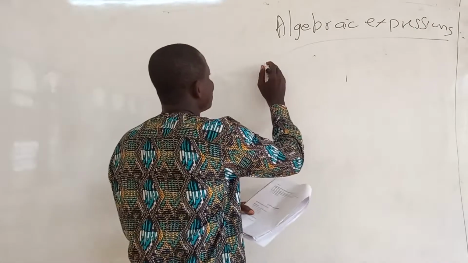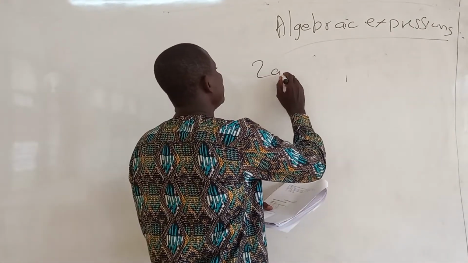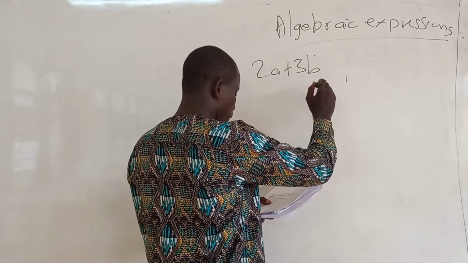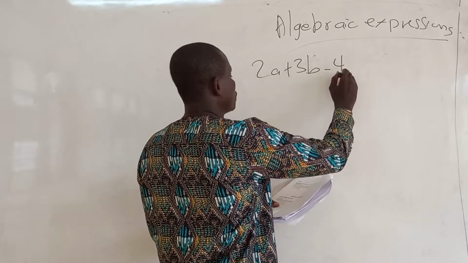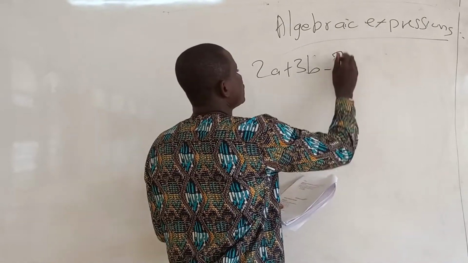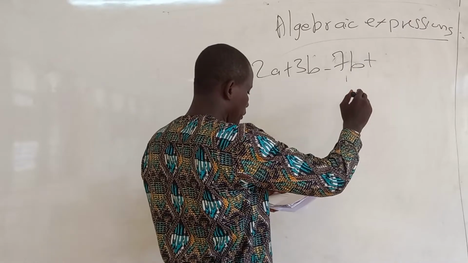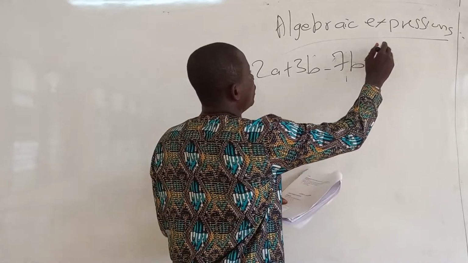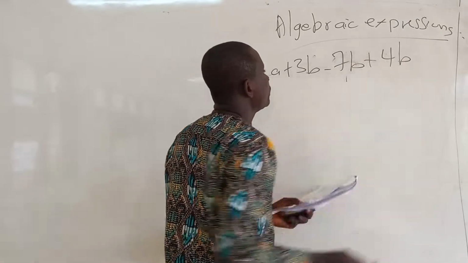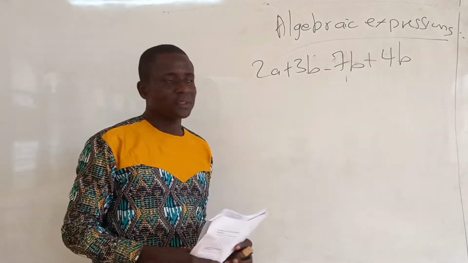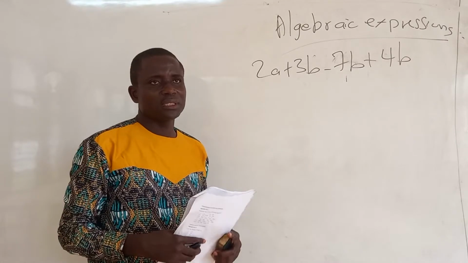The first expression is 2a plus 3b minus 7b plus 4b, and we are asked to simplify this expression. How do you go about it?